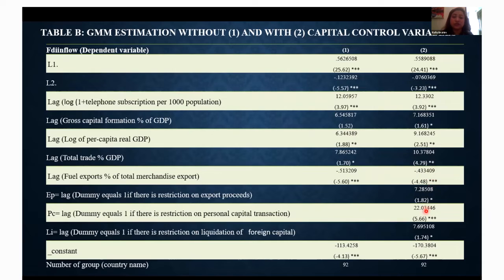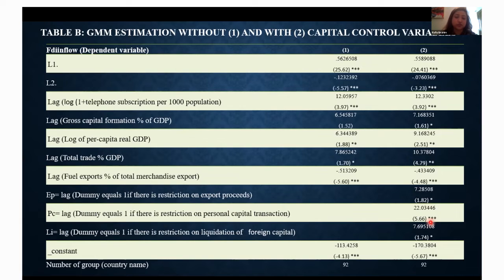Since the sign is positive for each of these 3 variables, the foreign investments are positively related with capital control. In other words, if you look at this particular row, we shall interpret it like this: if a country has a restriction on export profits, then that country is likely to experience a 7% increase in foreign investment, which is statistically very significant. And this goes the same for the other 2 capital control variables.